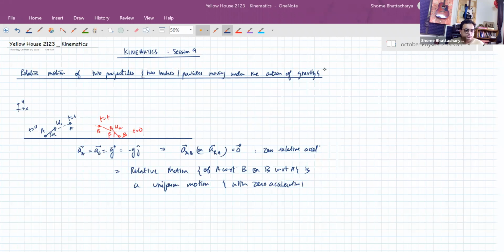Yes, Kirti, that's correct. So uniform motion. So this aspect makes solving the relative motion very easy.